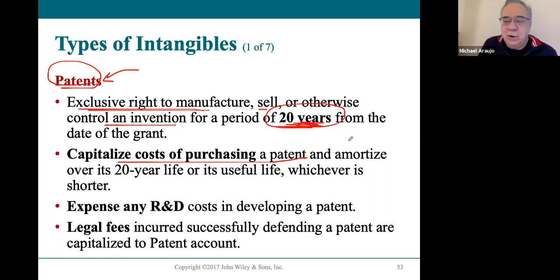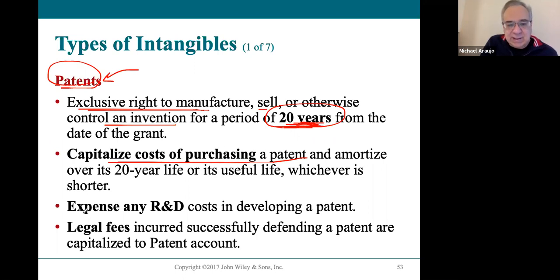Advil, Motrin, all these things have expired a long, long time ago, which means anybody can sell it, which is why we pay virtually nothing for a bottle of aspirin today at a Walmart or your generic, because the patent is gone. They're expired.